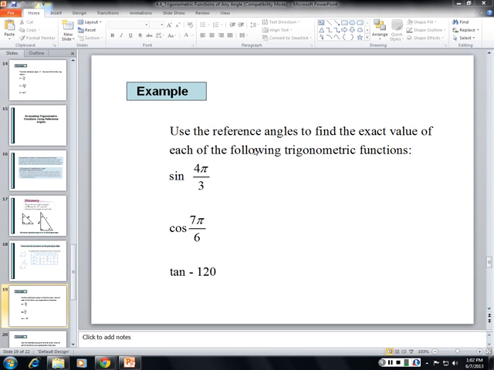So this is the quadrant for tangent and cot. In this quadrant, sine is negative, so this is going to be negative. That is technically the value, so this should be your answer. Try the other two. See whether we can find those.